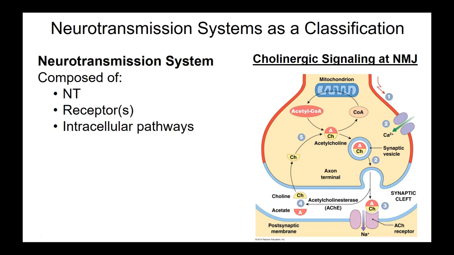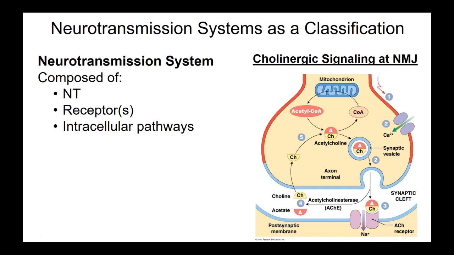We can have slightly different responses for each, and there's ways to discuss these as whole systems, such as cholinergic signaling, which means that we're using acetylcholine. But remember, acetylcholine can be excitatory or inhibitory, depending upon the receptor or the tissue that we're looking at, right?